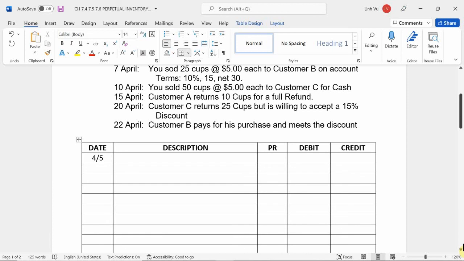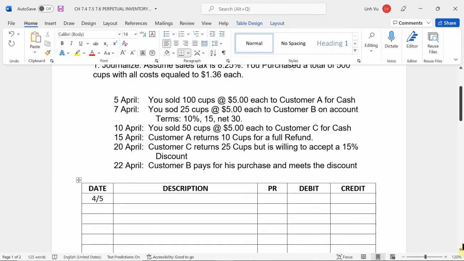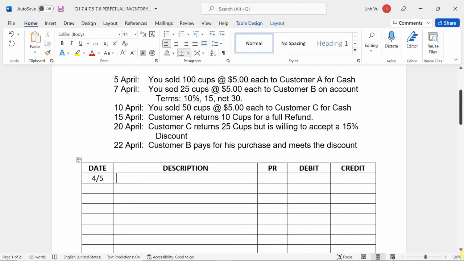How did customer A pay me? How did they pay for their items? Cash. They paid with cash.